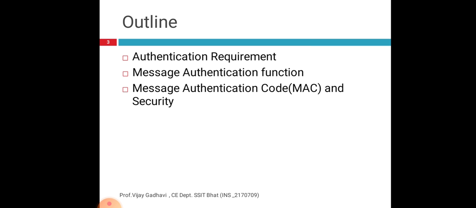While MAC functions are similar to cryptographic hash functions, they possess different security requirements. Now you heard a new word, cryptographic hash function. The short form is CHF. It is a hash function that is suitable for use in cryptography.